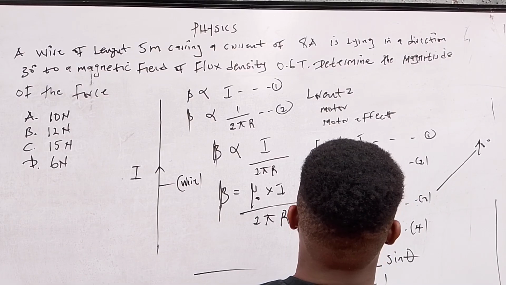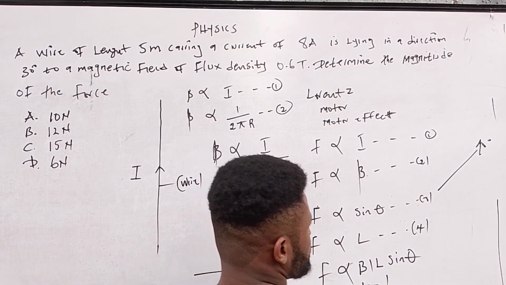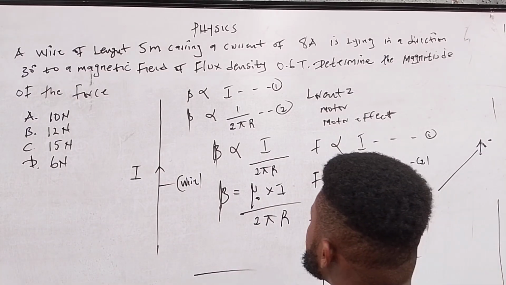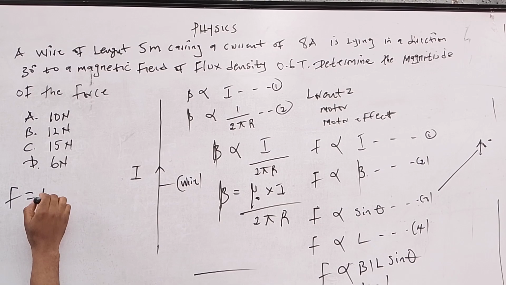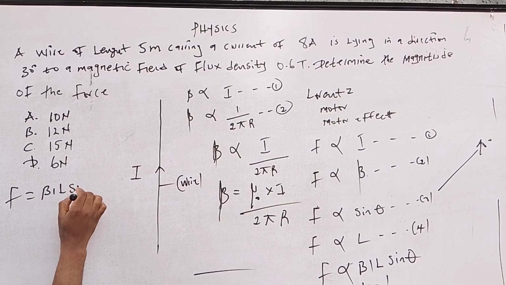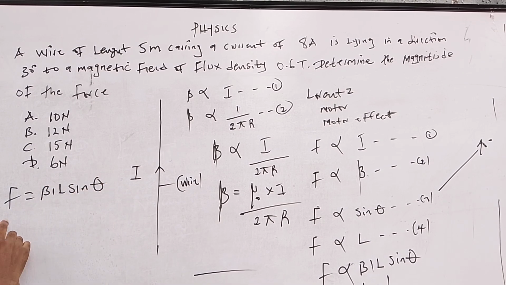So to solve this particular question, the formula I'm going to work with is F equals BIL sine theta, where F is the Lorentz force or the motor force or the motor effect, B is the magnetic field, I is the current, L is the length of the conductor or length of the wire, and theta is the angle of inclination between them.